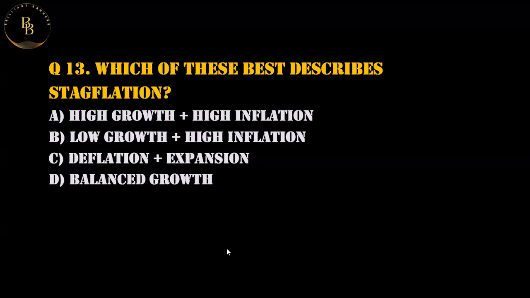Stagflation is a condition when there is low growth with high inflation. Stagflation combines stagnant output with rising prices, which was normally seen in the 1970s global oil shocks. So that is called stagflation, whenever there is low growth and very high inflation.